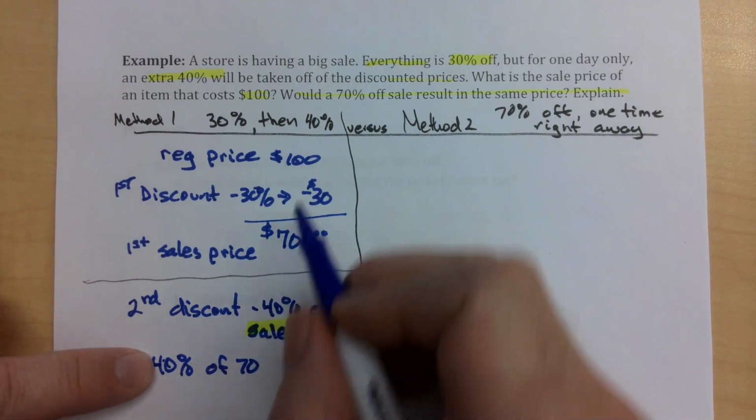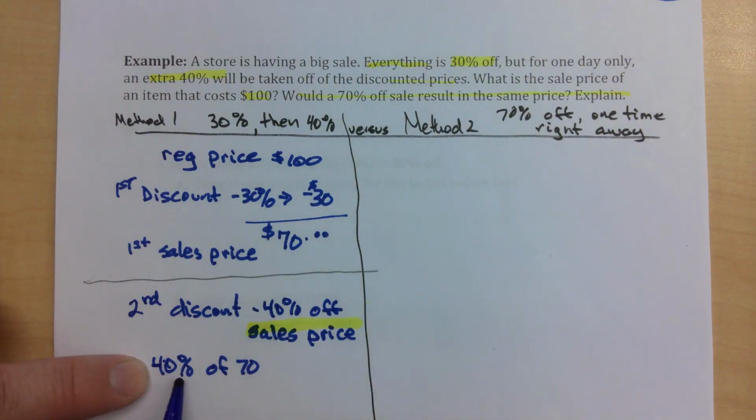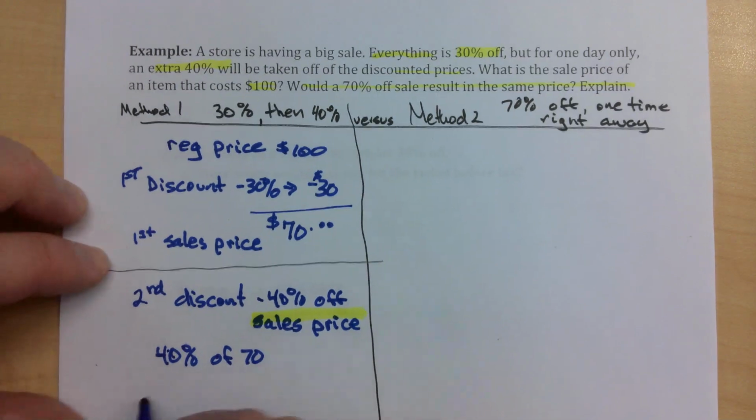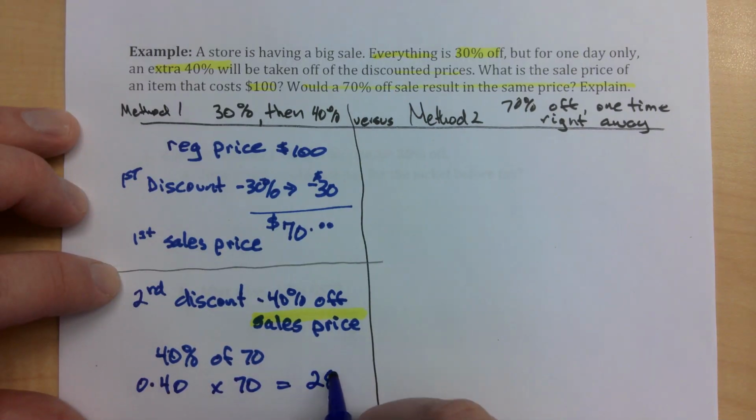Unfortunately, we're not allowed to take 40% off 100 because that would be $40. But if you're taking 40% off a smaller amount, that discount wouldn't be as good as if we took it off the $100. Let's just see what this looks like. So 0.40 times 70 is equal to $28.